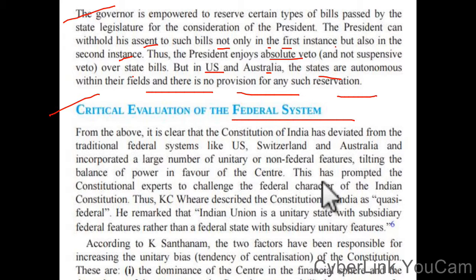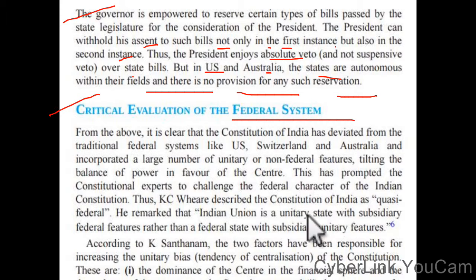This has prompted constitutional experts to challenge the federal character of the Indian Constitution. Thus, K.C. Wheare describes the Constitution of India as quasi-federal. He remarked that the Indian Union is a unitary state with subsidiary federal features rather than a federal state with subsidiary unitary features.